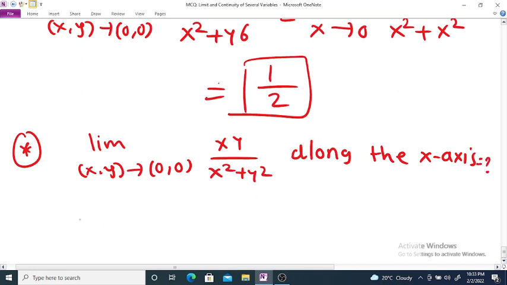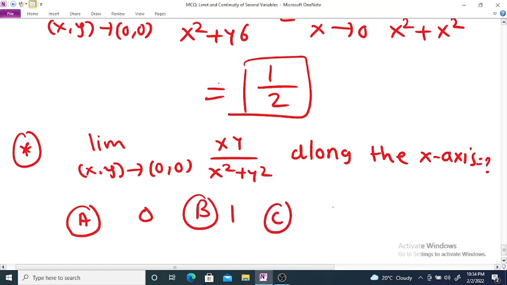The options are given: A is equal to 0, B is equal to 1, C is equal to minus 1, and D is equal to none of these.